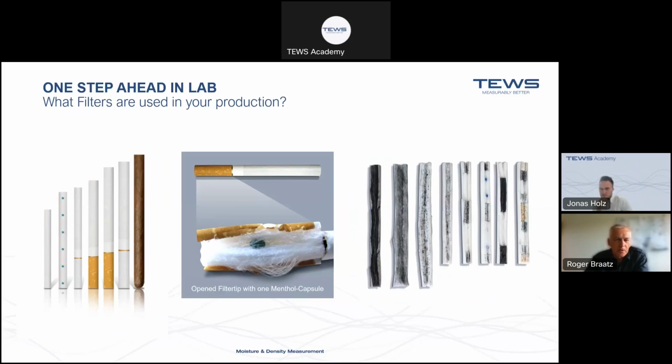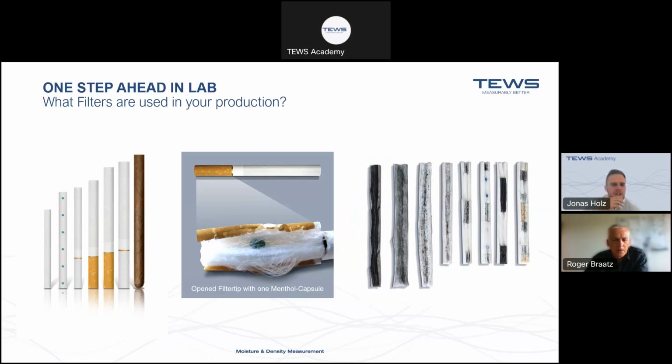We find inside the single filter of the cigarette, we might have a charcoal section, a section with a capsule, and all these are made of different pieces, first assembled in a filter rod, and later, of course, cut to single pieces and attached to cigarettes.